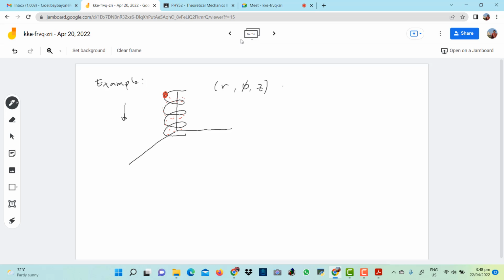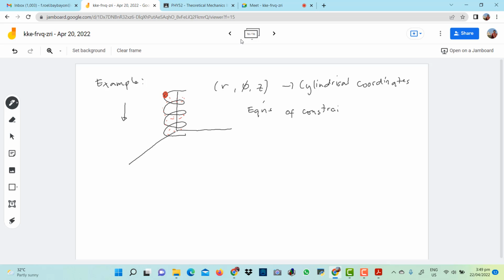Originally your mass has 3 degrees of freedom, r, phi, and z. But in this case, I have two equations of constraints.